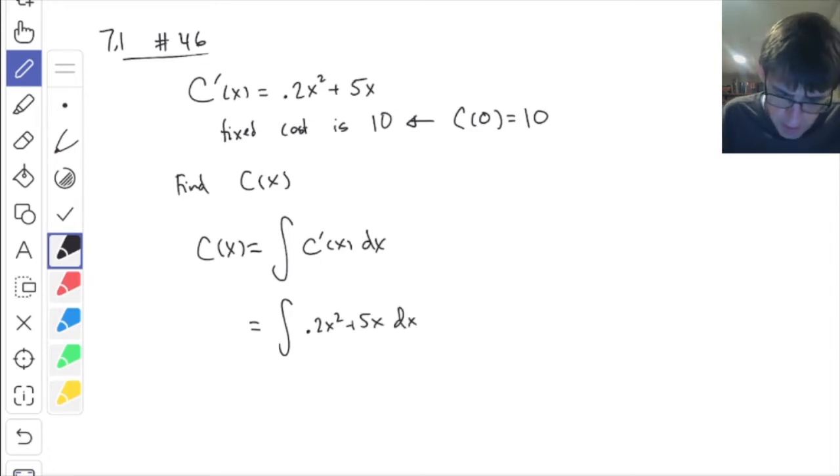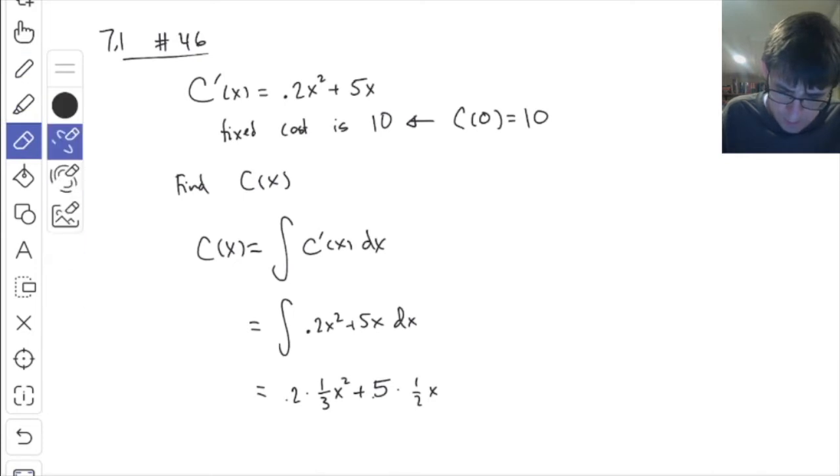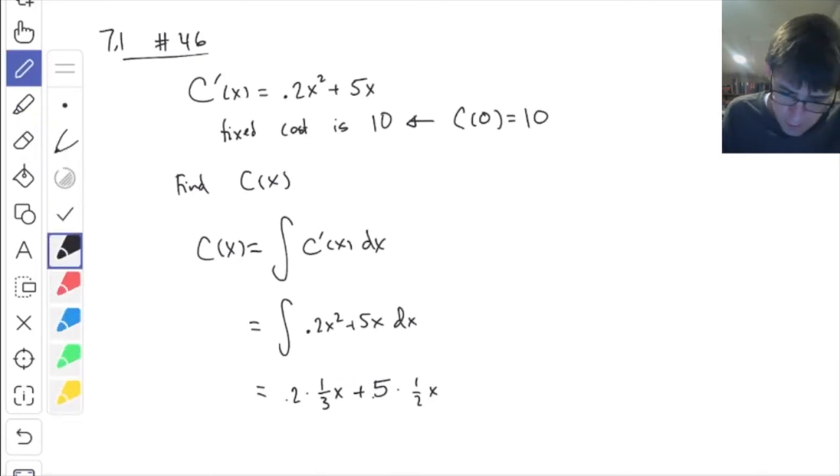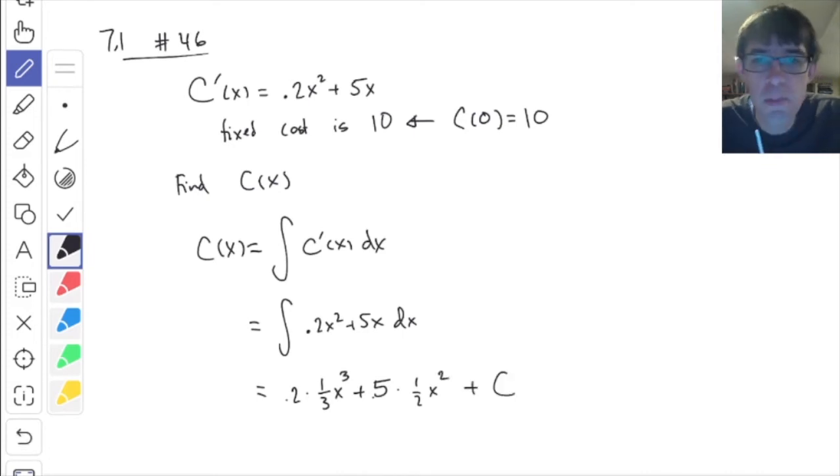And we just do the integral. This is not a hard integral. I get 0.2 as a coefficient, and then 1/3 x cubed, sorry, 1/3 x cubed there, and then 5 times 1/2 x squared. And then, as always, we do our plus c.